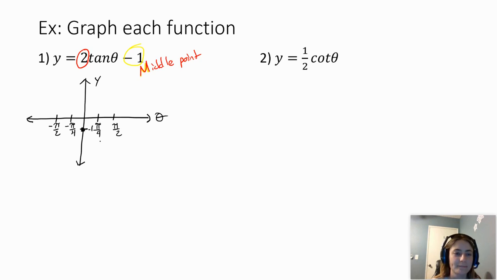Oh, we can sketch in our vertical asymptotes, forgot about that, at negative pi over 2 and pi over 2, because we're looking at the tangent graph. So middle point down by 1, and then for the other 2 points at negative pi over 4 and pi over 4, we go up and down by 2. Now since the tangent function goes up from left to right, for negative pi over 4, we're going to go down by 2.